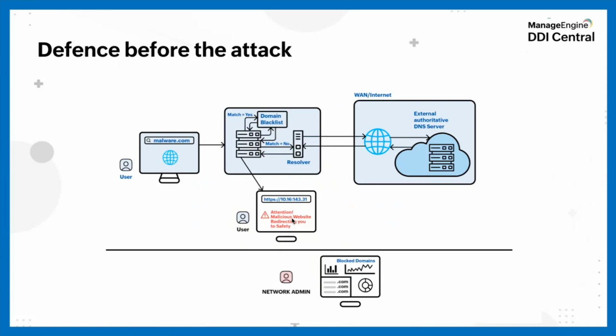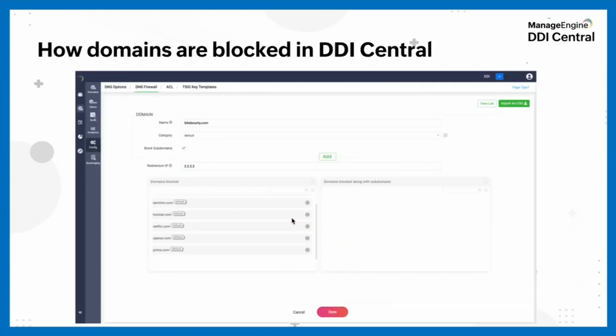Let's see how domain blocking is implemented in DDI Central. In DDI Central, you can just enter the malicious sites one by one, or you can import them in bulk using a CSV file. We've already configured various categories of malicious domains.